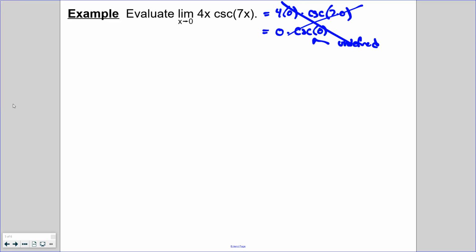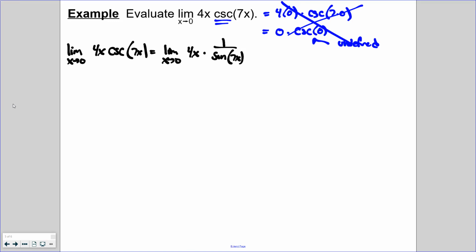But based on our trig identities, we know that we can rewrite cosecant as 1 over sine. So that's what we're going to do next. We're going to take the limit as x approaches 0 of 4x times cosecant of 7x and rewrite it as the limit as x approaches 0 of 4x times 1 over sine of 7x.